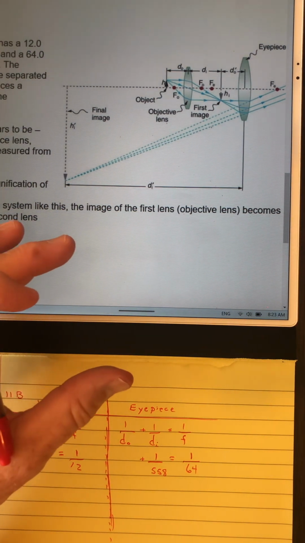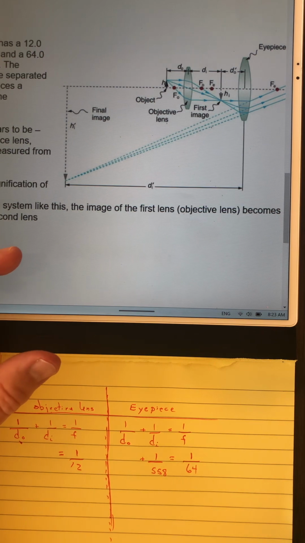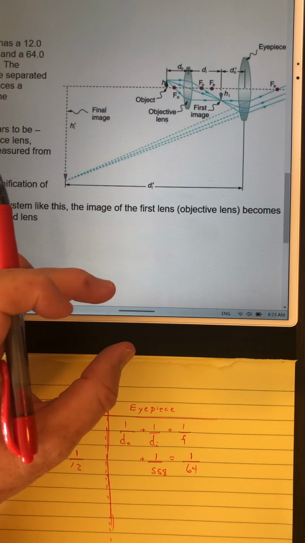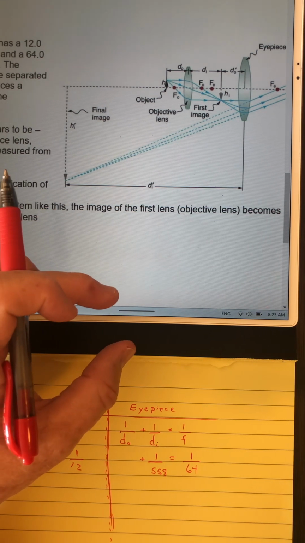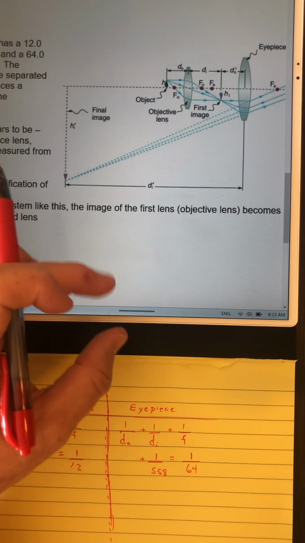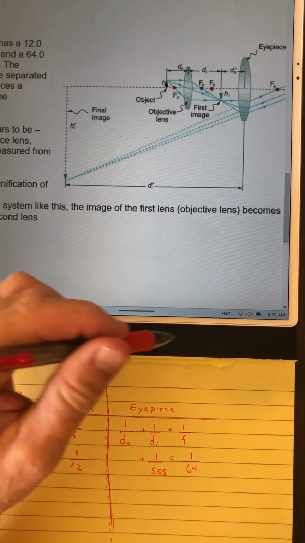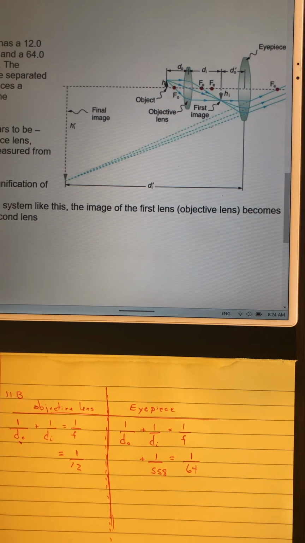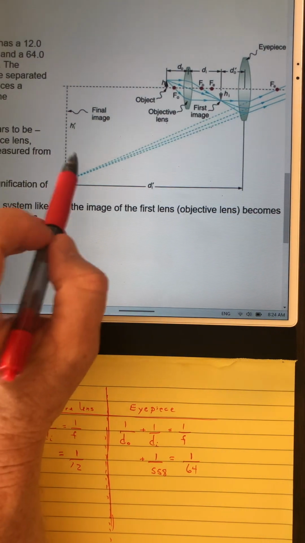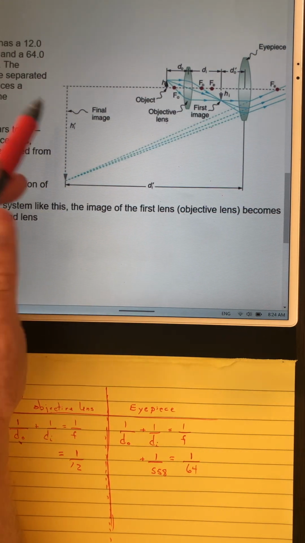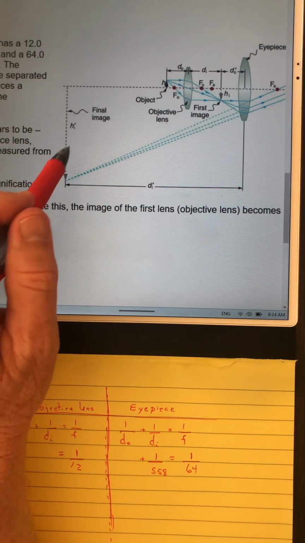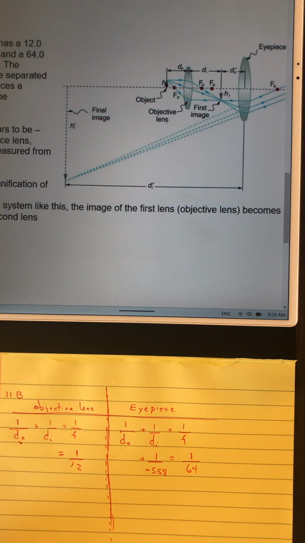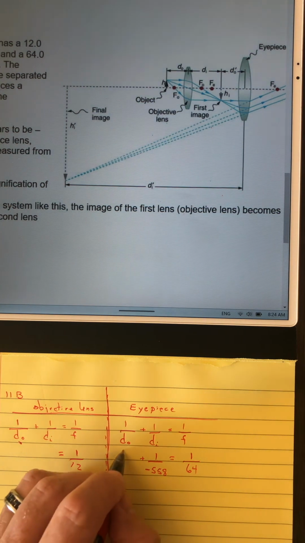That's one thing that always was challenging for me, who doesn't use a microscope very much: every time I get my eye in a microscope and I want to look down a little bit, I move the slide up, thinking I'm going to see it, and it's the wrong way. It's like, oh, no, wrong way, because everything is reversed. Anyways, so the final image is actually magnified by a lot, and it's inverted, but it's also virtual. And so there's that negative number that we have to be really careful with.